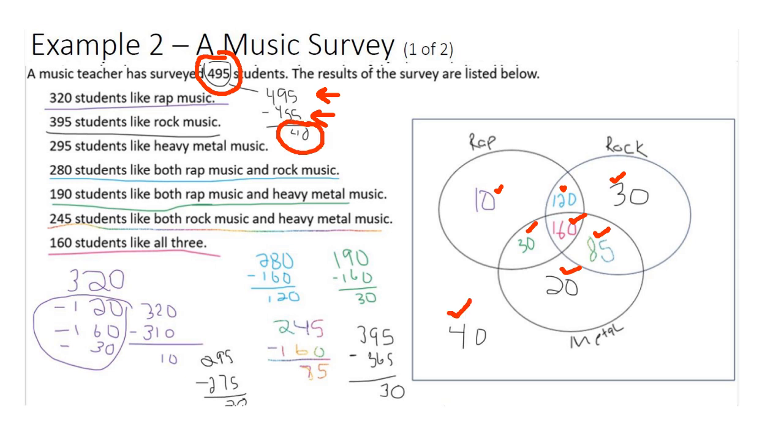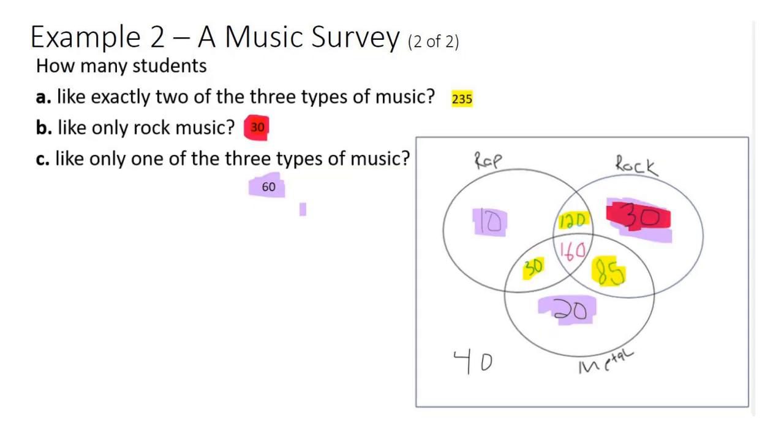Okay. So now that we have our Venn diagram, it's easier for us to identify the answers to the questions that they had. Let me see if I have the questions over here. Yes. The first question is, how many students like exactly 2 of the 3 types of music?